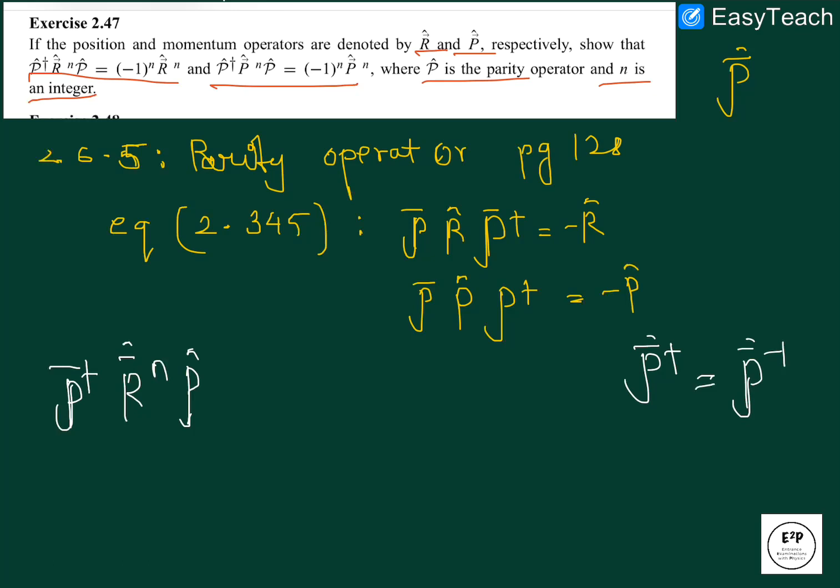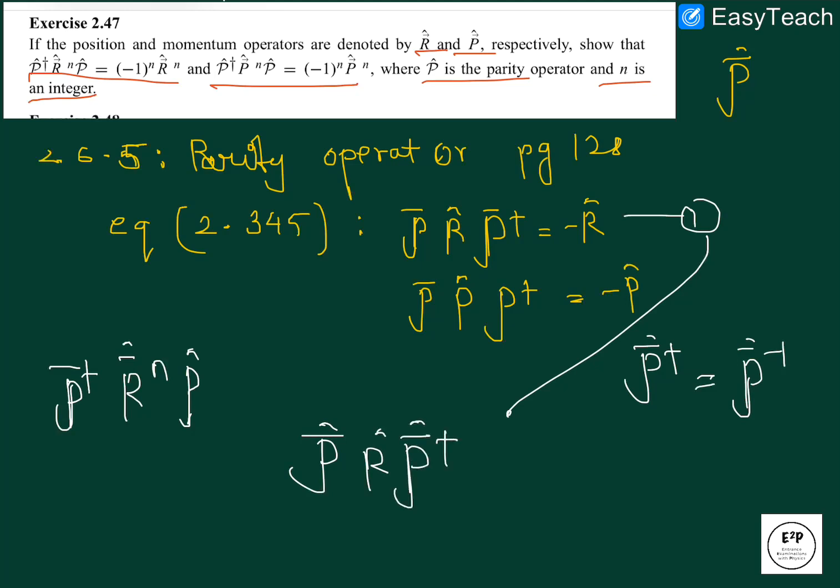Now in this equation, parity times position times parity dagger equals minus r cap.